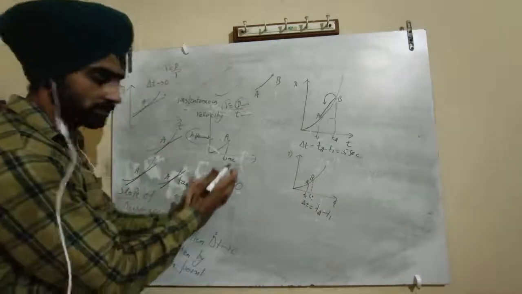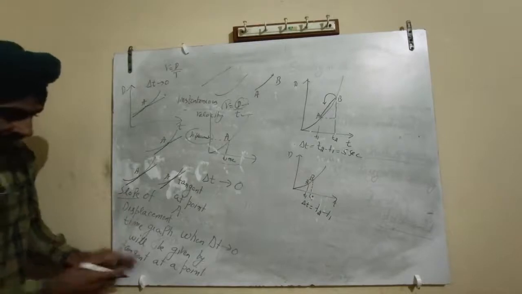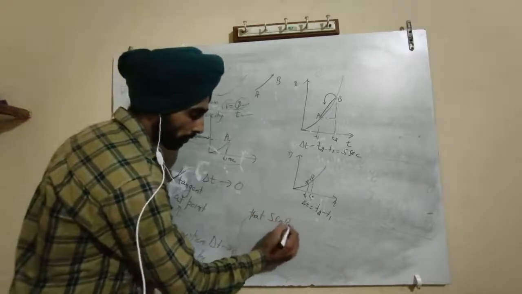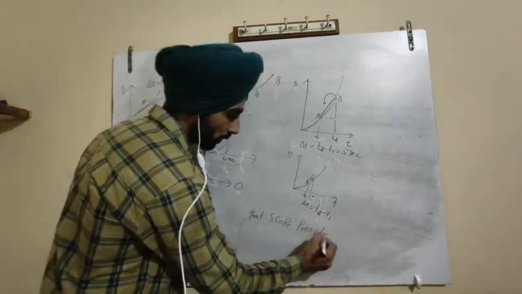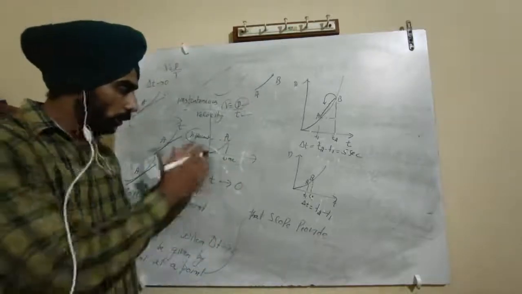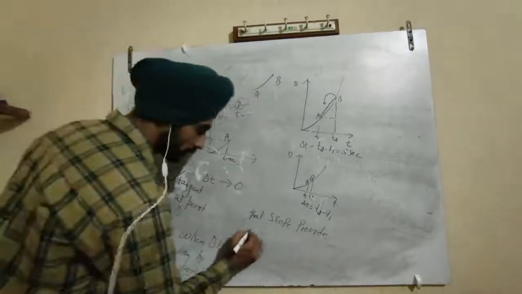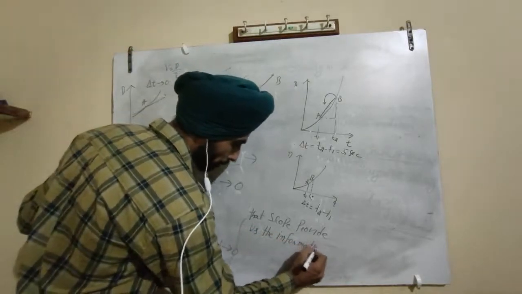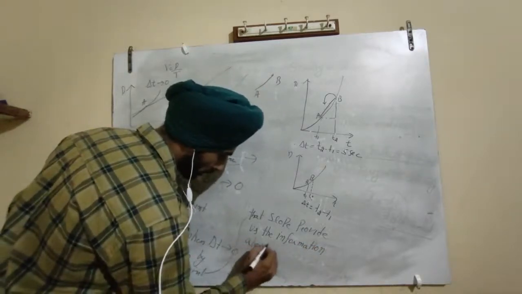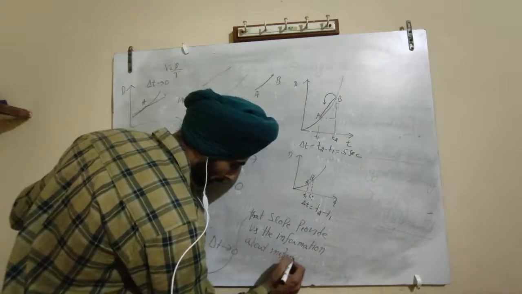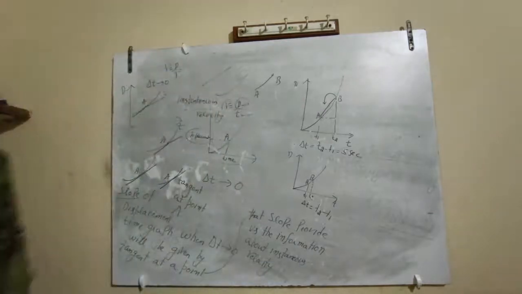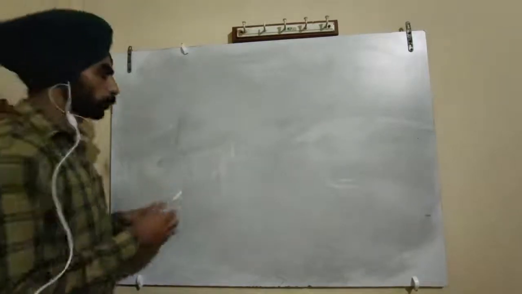When delta t turns 0, the slope is given by the tangent at point A, and that slope provides us the information about the instantaneous velocity. So this is the final touch of this slope concept.